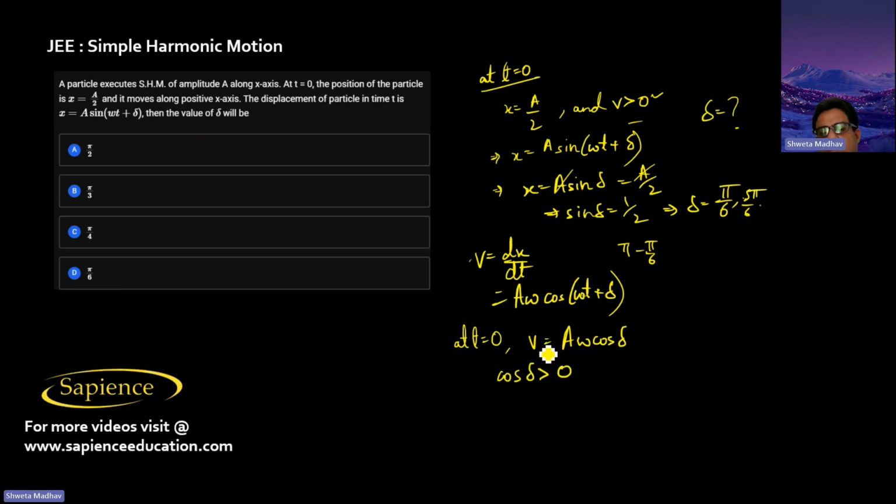Then only v will be greater than 0. So cos delta is greater than 0. It means that delta should be, you know that the cosine graph is somewhat like this. So it should be from 0 to pi by 2, or from 3 pi by 2 to 5 pi by 2.